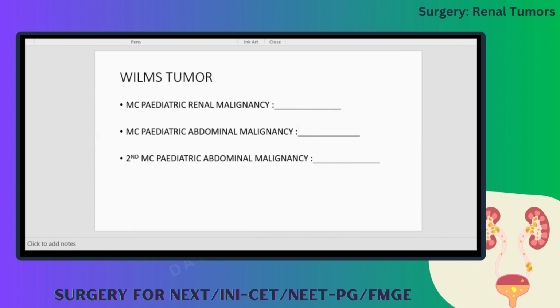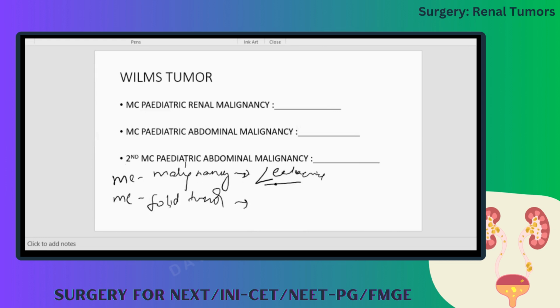Here also there is a lot of confusion. If they ask the most common malignancy in children, in pediatrics or somewhere, it is leukemia. Blood cancer is the most common malignancy in children. Whereas if they ask the most common solid tumor, since leukemia is a blood cell tumor, then it is brain tumor.